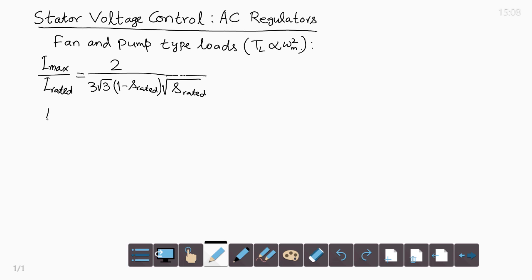So, if S rated equals 0.2, then from the above expression the maximum current I max equals 1.07 times the rated current.